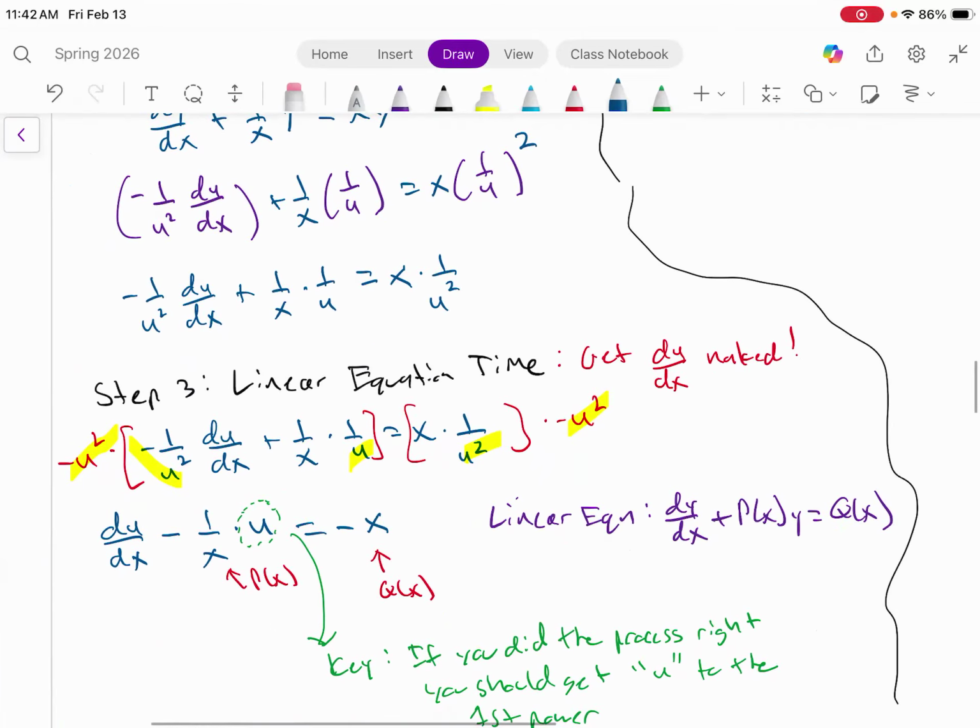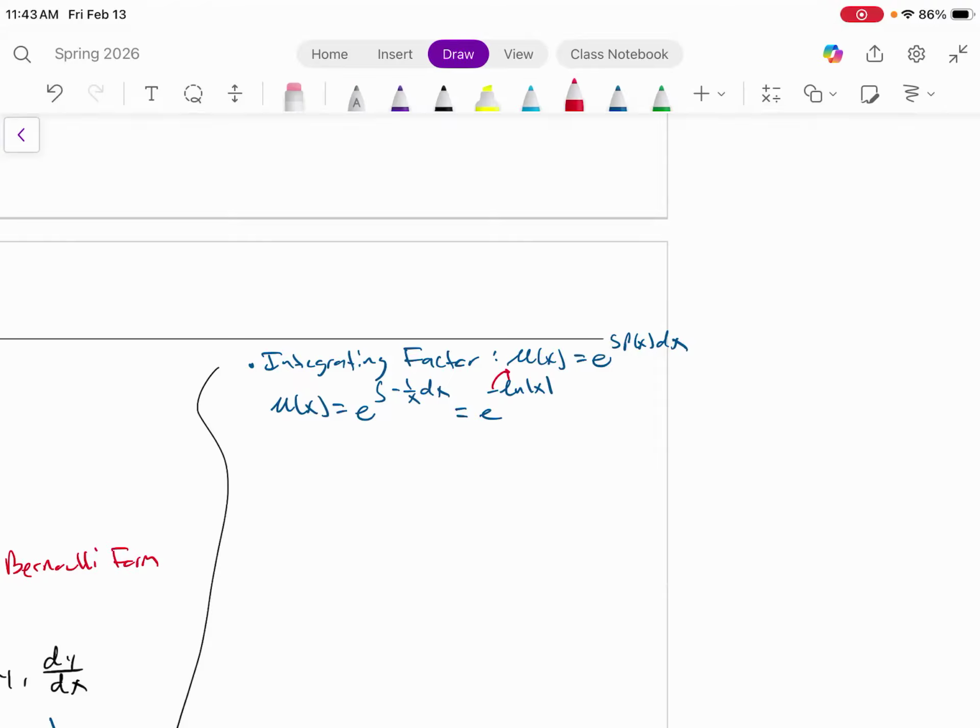One thing we could do is bring that exponent up, properties of logs, and we get e to the natural log absolute value of x to the -1. And the e and natural log cancel out. And so we are really just left with x to the -1, and we can turn that into 1 over x. So that's our integrating factor.